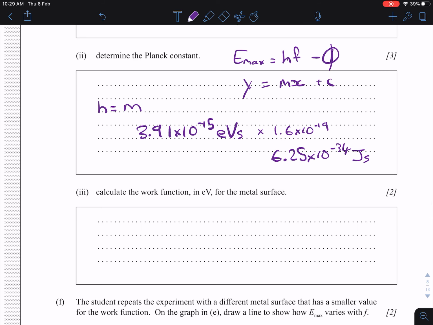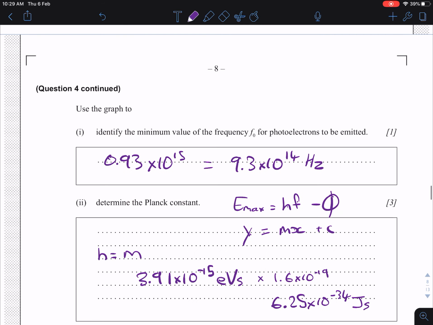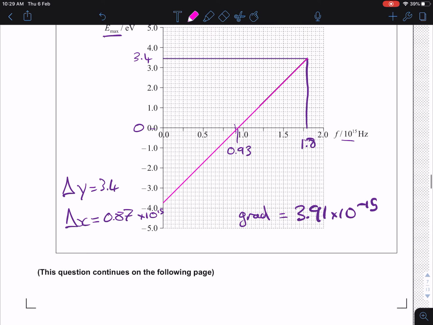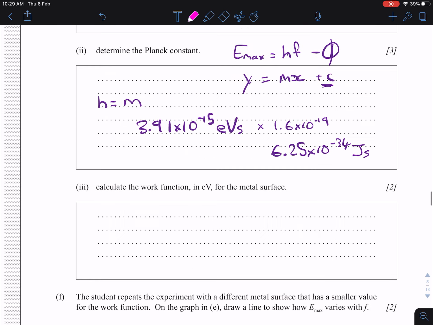Okay, calculate the work function for the metal surface. Well, going back to our equation, the work function there is the y-intercept. So we can go back to our graph. Let's do it in a different color. We can do a y-intercept there, which is somewhere around 3.6, between 3.7 and 3.8. Let's call it minus 3.7 electron volts.